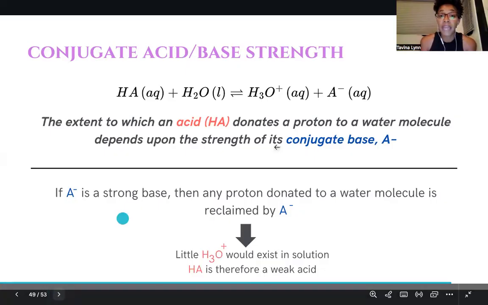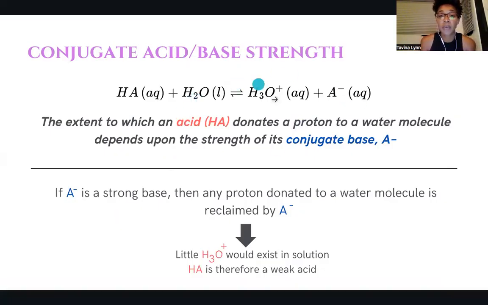So if the equilibrium keeps being shifted to the left, we would have a lower concentration, or little hydronium ion, in solution. And if we measure the pH, which reflects the concentration of the hydronium ions, it would indicate that it's a weak acid. It is a weak acid.